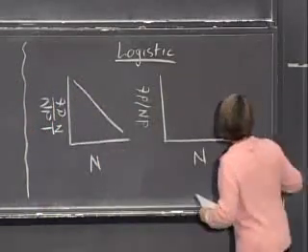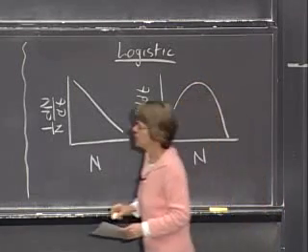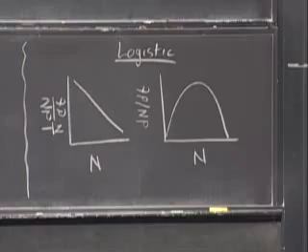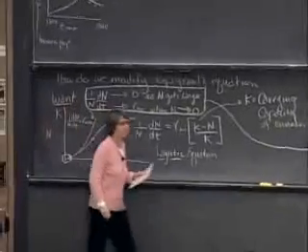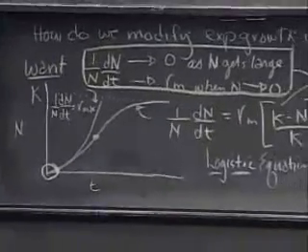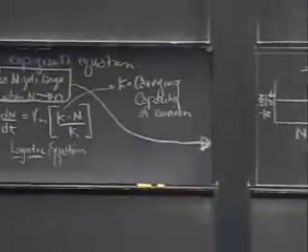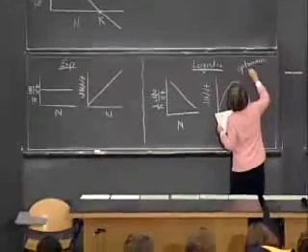Like that. Right. It's because there's an inflection point here. Right? So this is what's sometimes called the optimum yield.